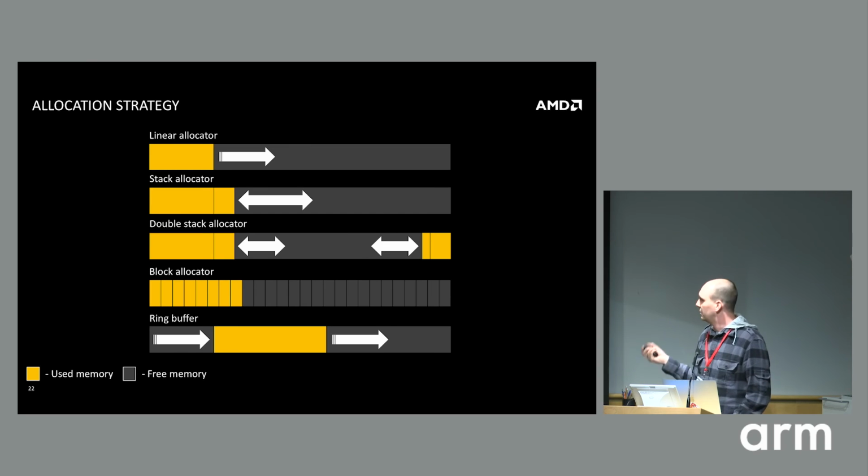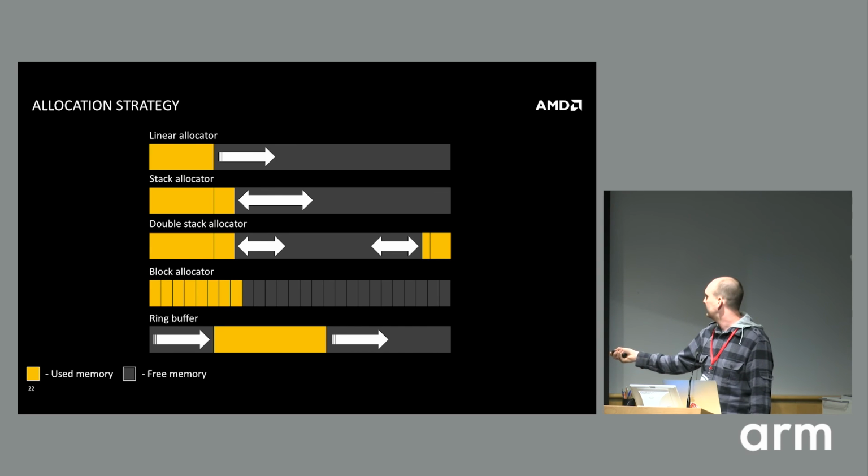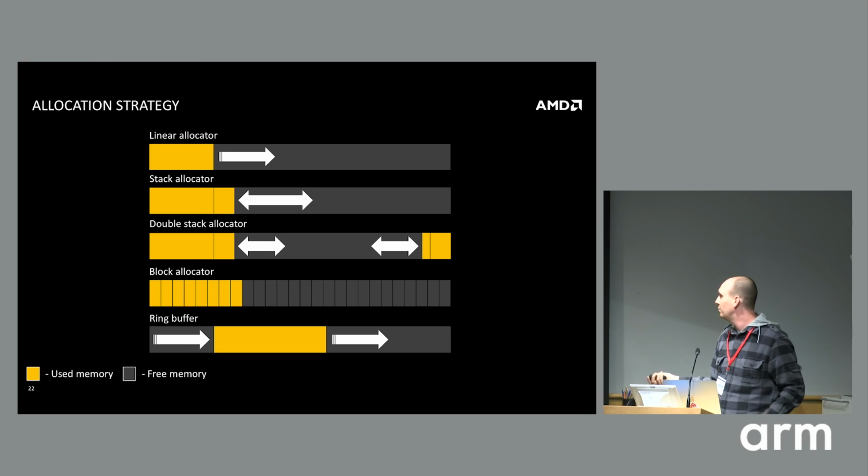So you can use your usual grab bag of tricks from CPU land to manage this memory once you've allocated it. So you could use a linear allocator. You could just have a pointer that you move along every time you put a resource in it. You could do a stack allocator where you have frames and maybe you allocate the render targets here, and then for a level you would put the next set of stuff only for that scene and then free that back, or whatever it is.